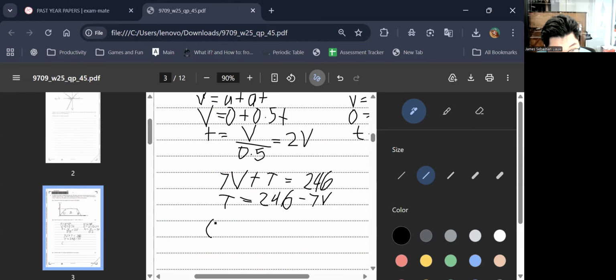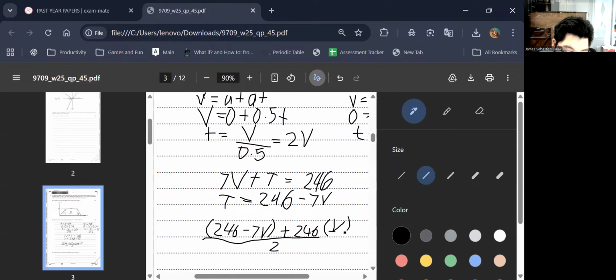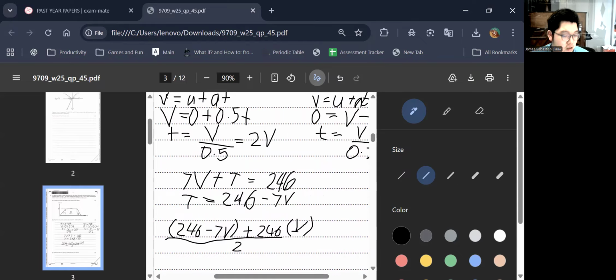Well, essentially for this, we use the area under the graph, the area of the trapezium, to find the value of V based on the graph.